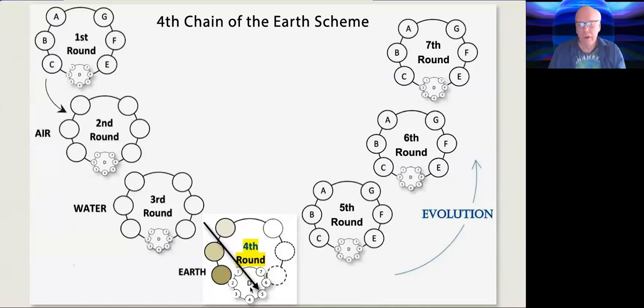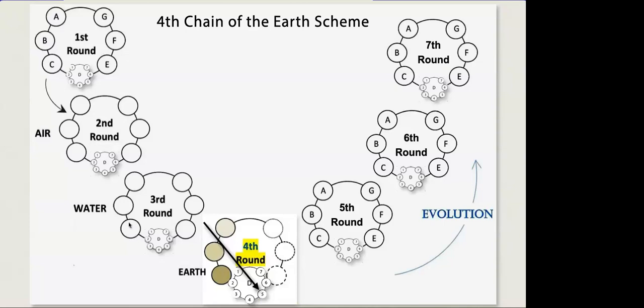The nature of the substance of the other quote unquote physical globes, which are called globe D, are actually not at all physical from our point of view, even though they're the densest globe of those rounds. So, the dense globe D on the first round is, from our point of view, really quite etheric, right?